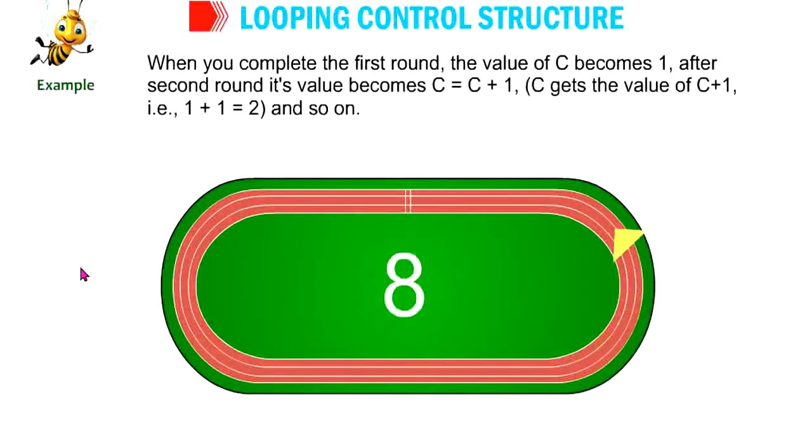Now let us see it in a computer example. When you complete the first round, the value of C becomes 1. C means just count; you can give any variable.